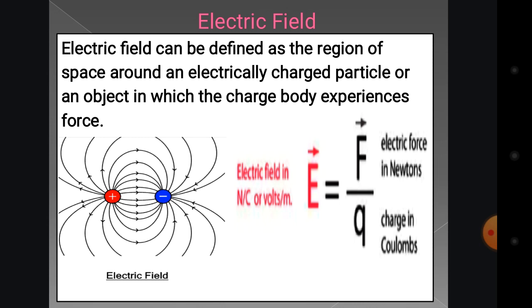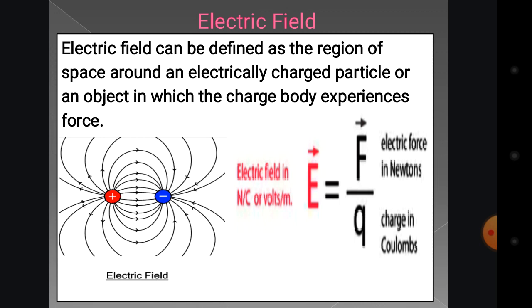That is the force divided by charge in coulomb. So normally electric field is equal to force divided by charge in coulomb. The force is in Newton, and the charge is measured in coulomb.